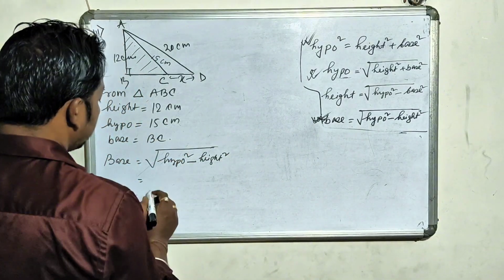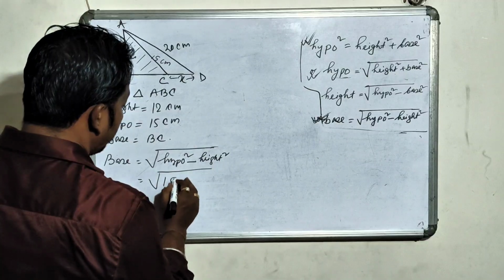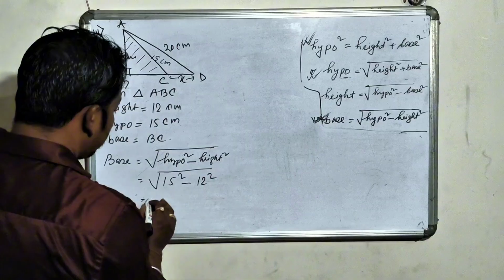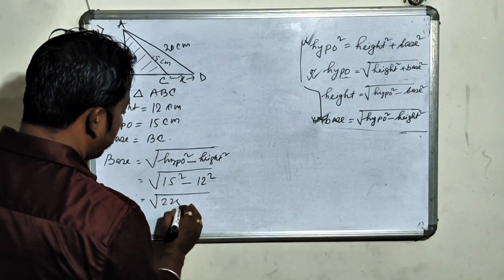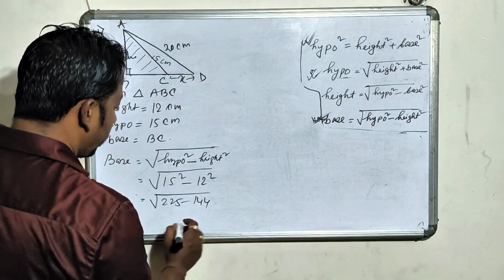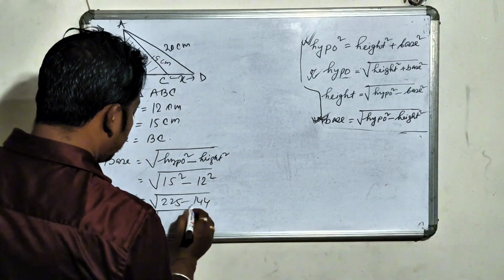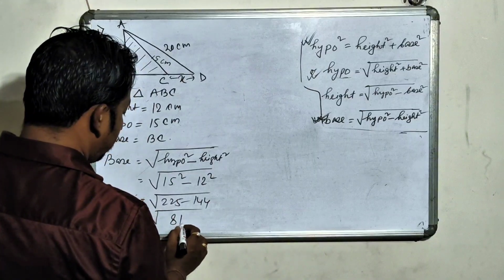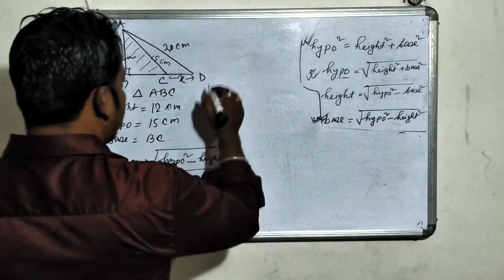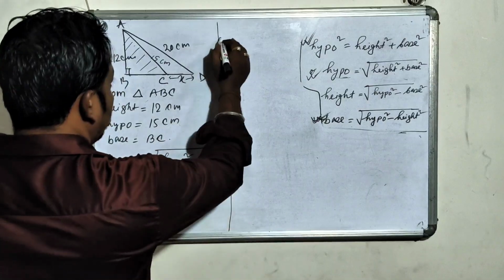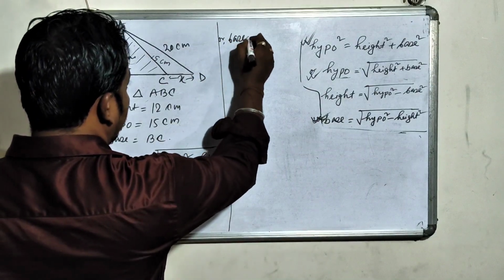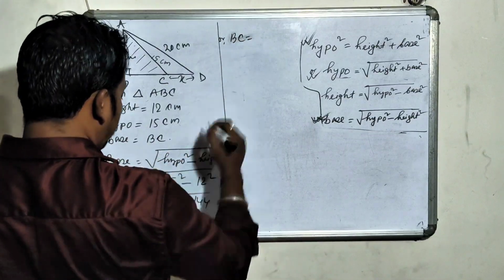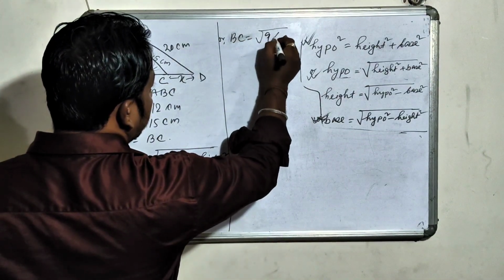That is, the value of hypotenuse is 15. 15 square minus 12 square, that is 225 minus 144, that is 81, or BC equals root of 81, means 9 into 9.